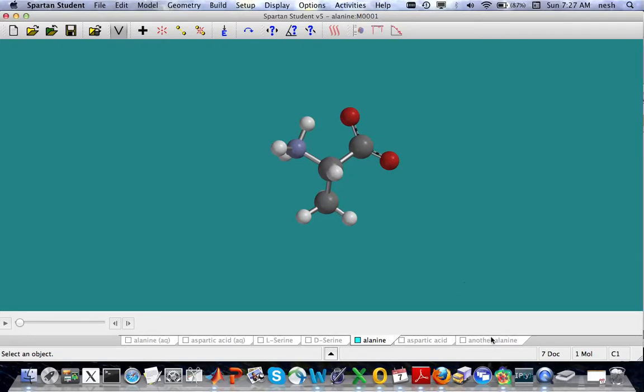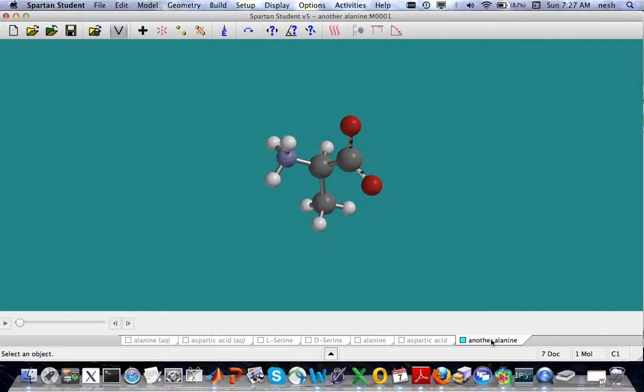And now to give you a little practice, I have another alanine here, and let's see if you can figure out whether this is L- or D-alanine. Okay, it requires some three-dimensional visualizing, but you can tell that there's the alpha carbon, the hydrogen, the R group, the C-terminus, and the N-terminus.